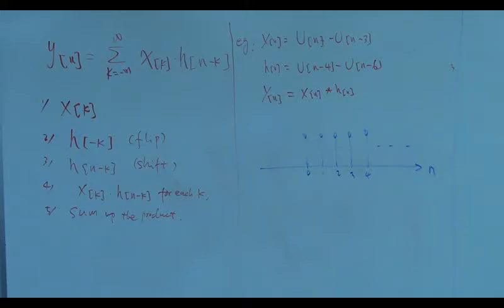Now the next one is how about n equals negative 1. So n minus k. Next one, you shift this one to the left by 1, right? So this one will be here, this one here, this one here. Then you multiply and you get 0, 0. How about n equals 1? You shift this one to the right by 1, so this one will be here and here.